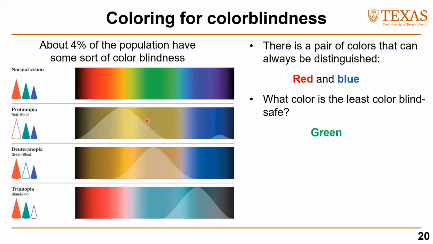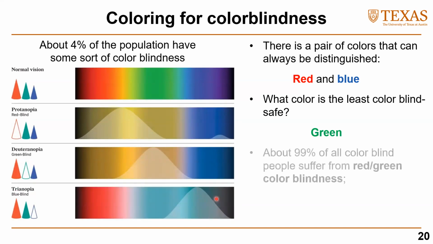For instance, if you have protanopia, you won't see a clear difference between red and green. Also, people with tritanopia see the green and may see a little bit of a difference with blue, but it's not as strong as red and gray here. So we need to consider these colors.